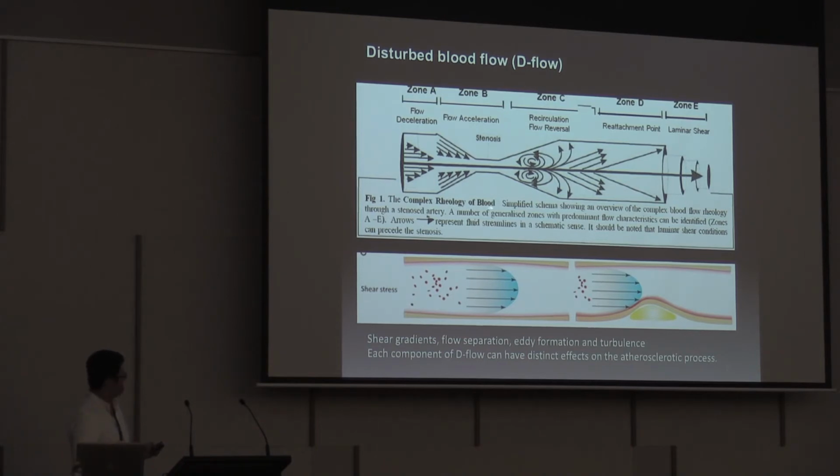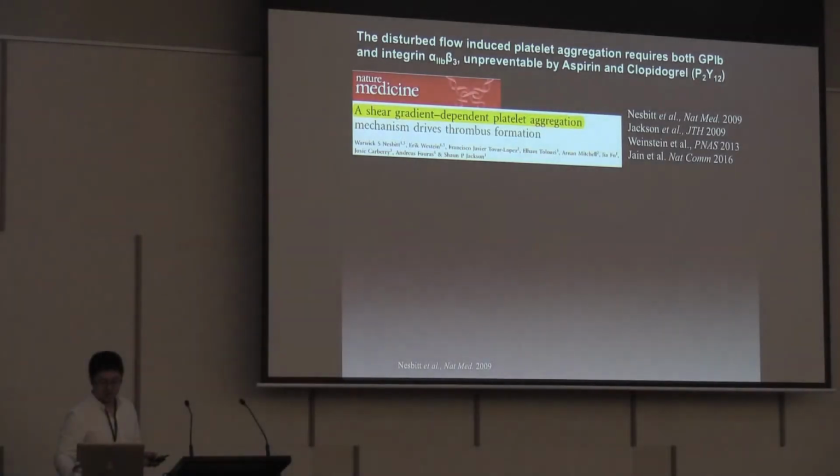Over the last decades, people have known this disturbed flow is linked to atherogenesis, and recently there is more and more evidence showing disturbed flow can promote biological responses. And in the last 2 years, people have harnessed disturbed flow for biogenesis and stem cell differentiation. So there are lots of interesting biologies coming from the flow disturbance.